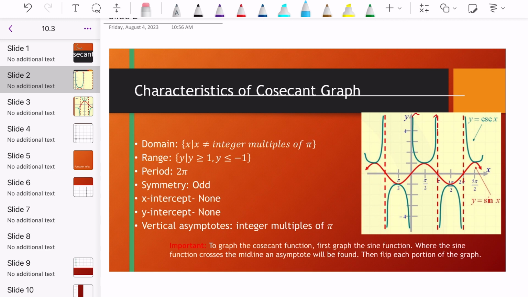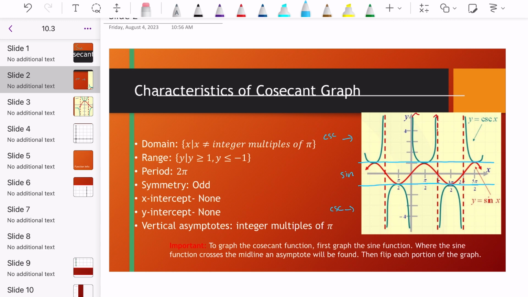To have a better understanding of it, keep in mind that this area between the two blue lines would be your sine graph, and these areas up here are your cosecant. And that's what we will be learning how to graph today.